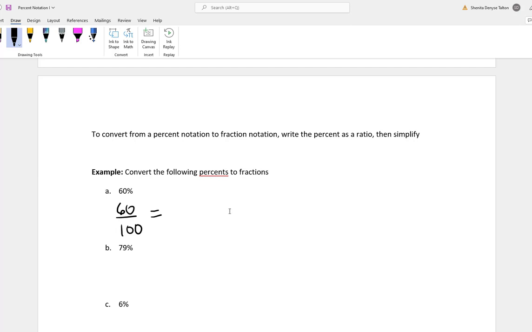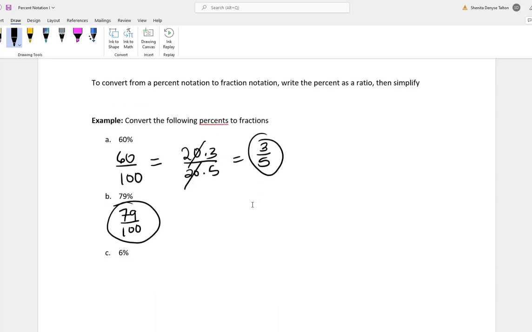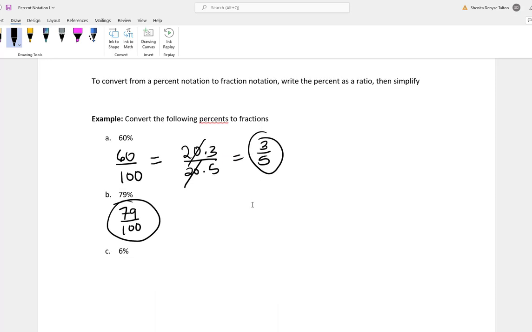It looks like 20 is the largest number that goes into both. The 20s cancel out. I'm left with 3/5. So if your fraction can be reduced, make sure you reduce it. In some cases, it cannot be reduced. For example, 79%, that's 79 out of 100. That stays as is. There's no number common to both the 79 and 100 that you can cancel out.